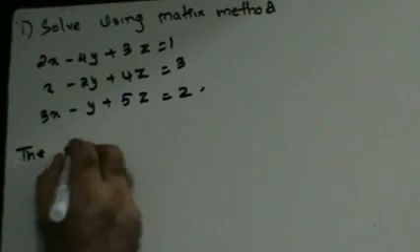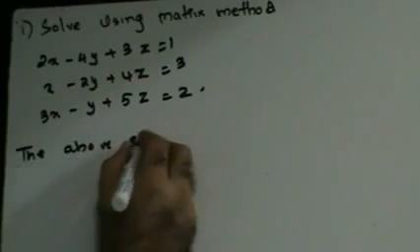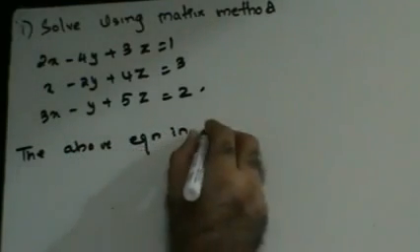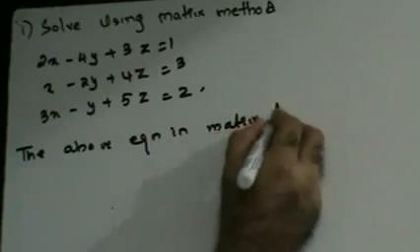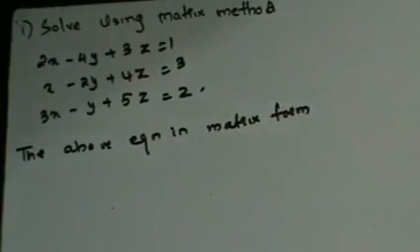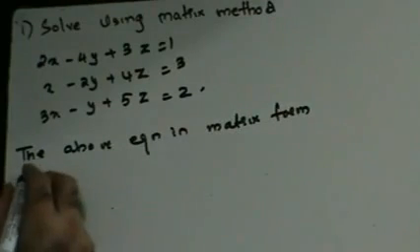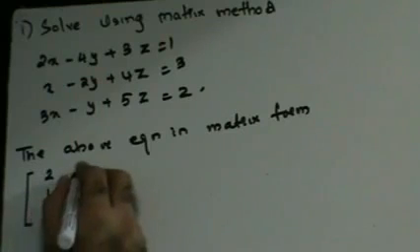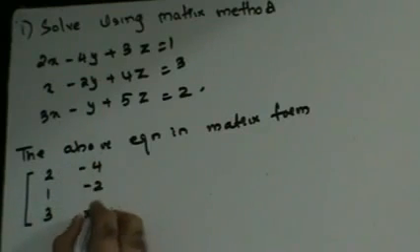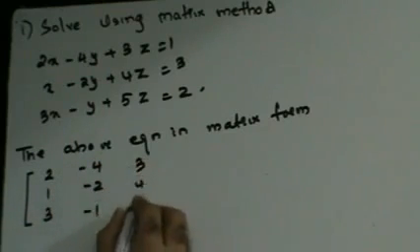I can say that the above equation in matrix form is: 2, 1, 3, minus 4, minus 2, minus 1, 3, 4, 5.